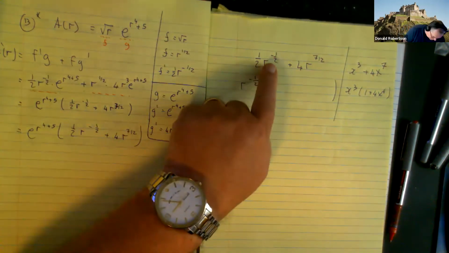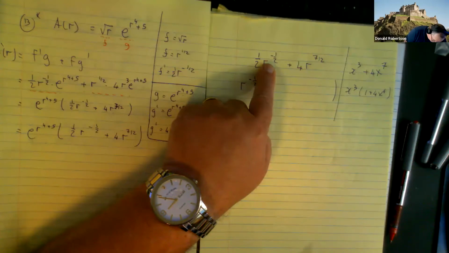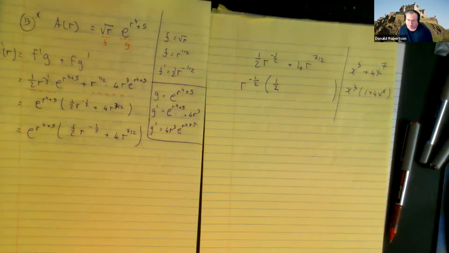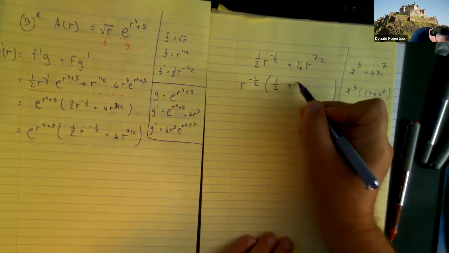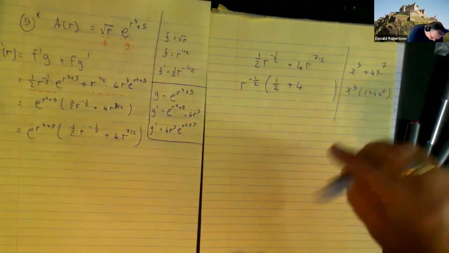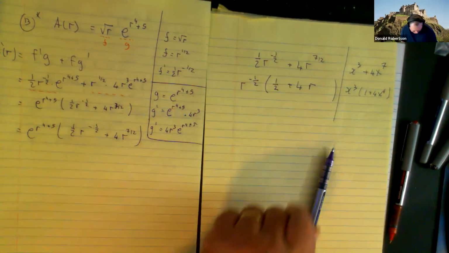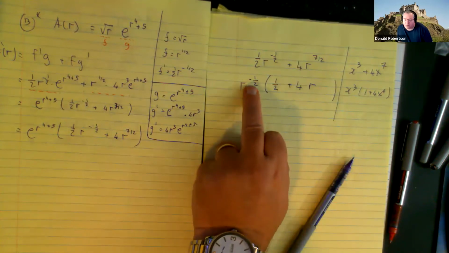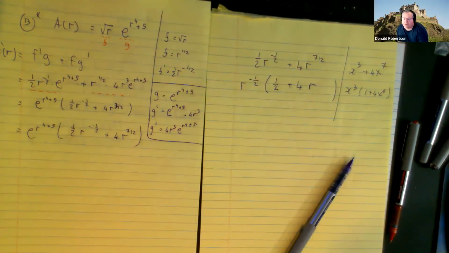Now, let's see what happens when you use that common factor. This guy gets used up, so you've got a half. We'll go with that. That 4 is still there. Now the hard part. Seven halves, take out, or remove, negative a half power from it. What do you get if you take 7 halves and remove negative a half from it?